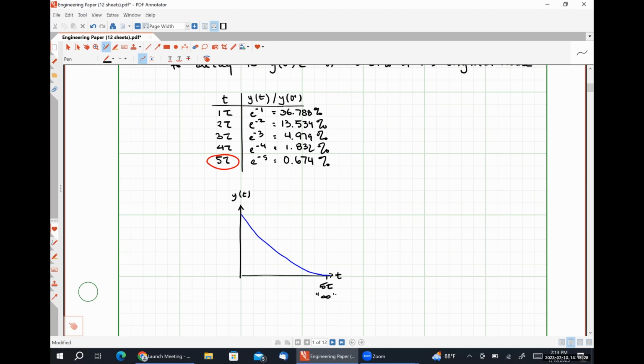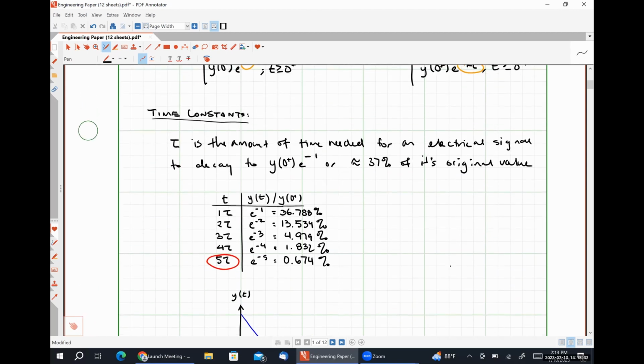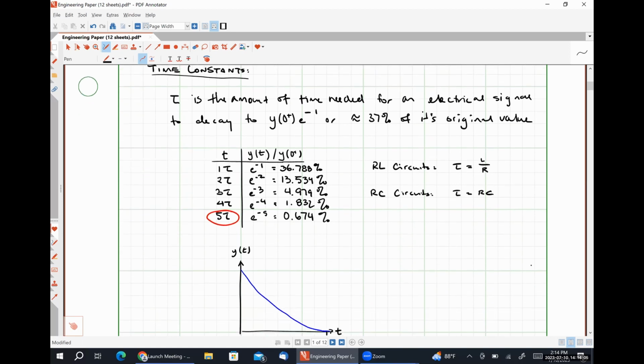So in terms of time constants, we can easily see then that for an RL circuit, our time constant tau is simply equal to L over R. And for our RC circuits, our time constant tau is equal to R times C. So using the concept of a time constant will ever so slightly change our general form and the steps that we were using to solve circuits.